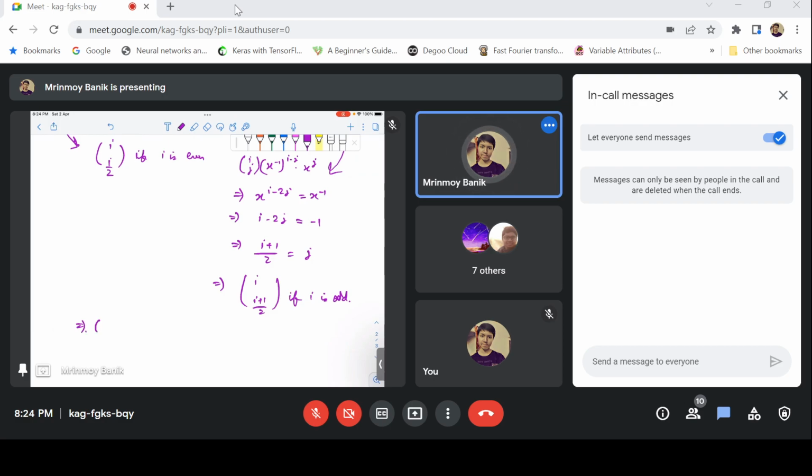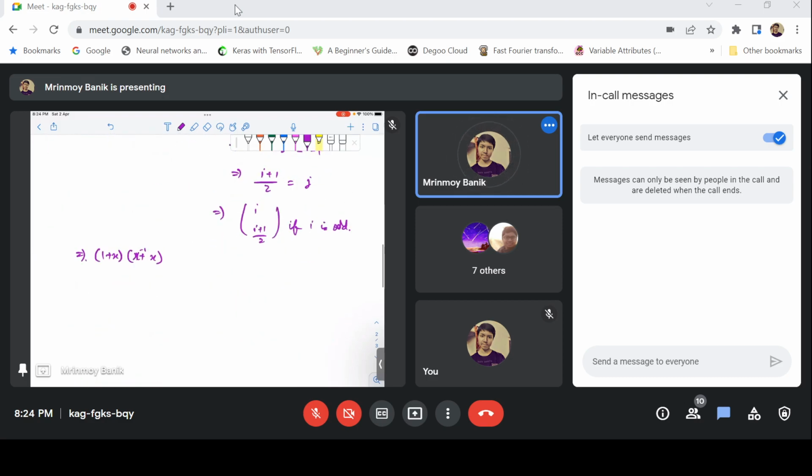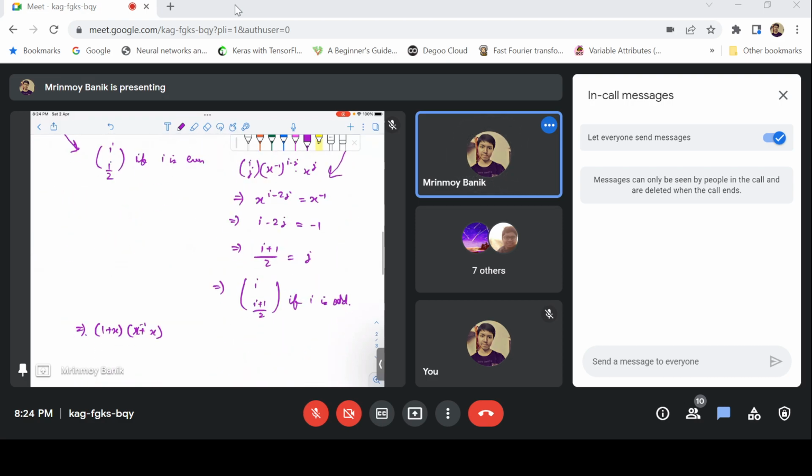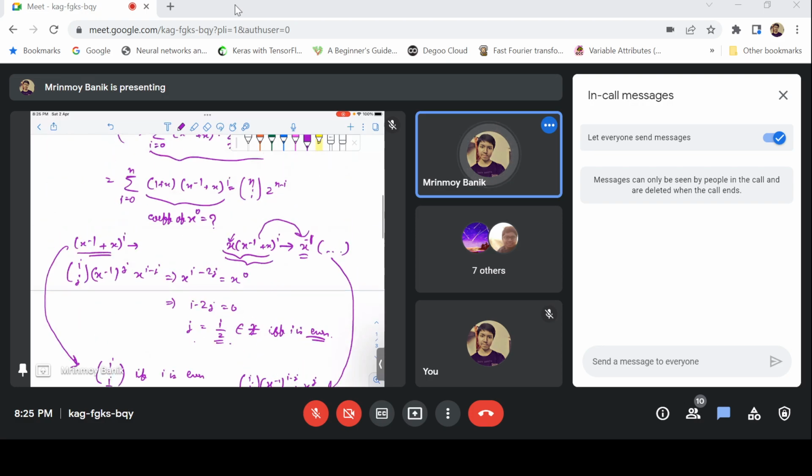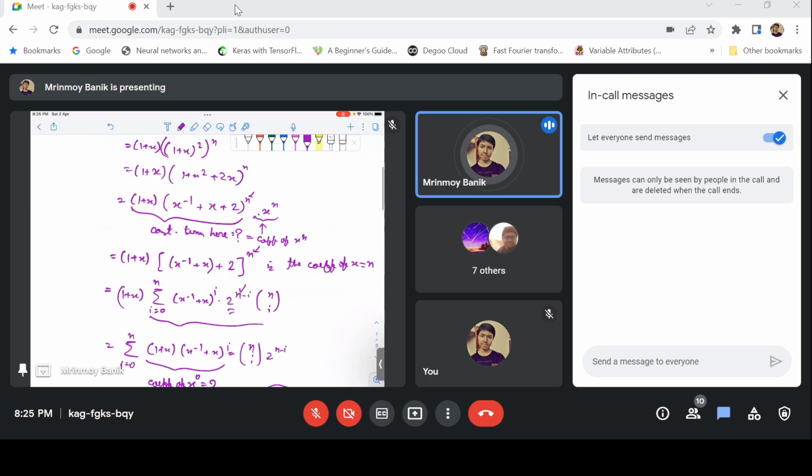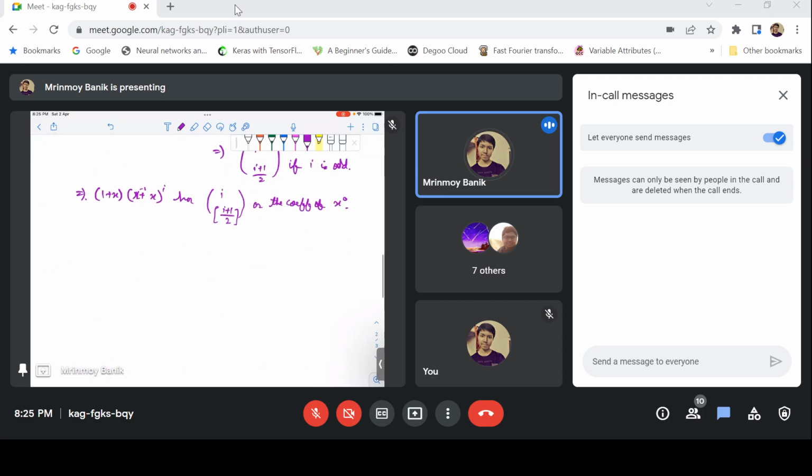That implies on average, (x plus 1) times (1 plus x power minus 1 plus x), this thing whole power i has a coefficient iC(i plus 1 by 2) as the coefficient of x power 0. So that, I guess, proves our problem.